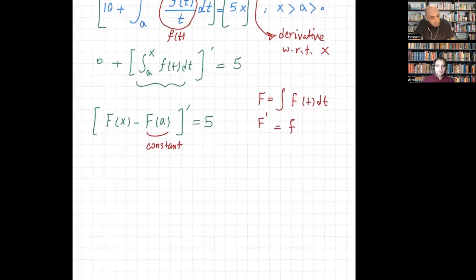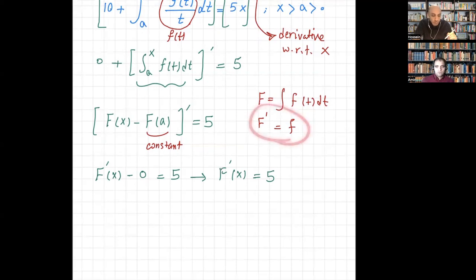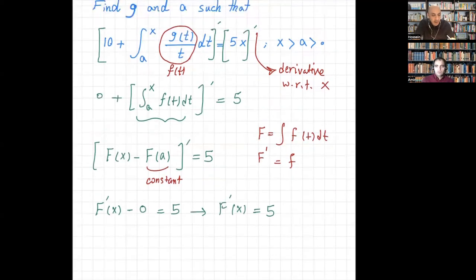So I have the derivative of capital F of x minus 0 equal to 5. So F prime of x is equal to 5. Now, F prime of x is equal to small f, which we have up here.